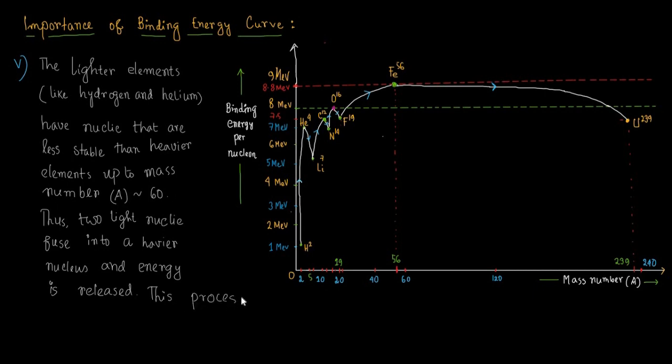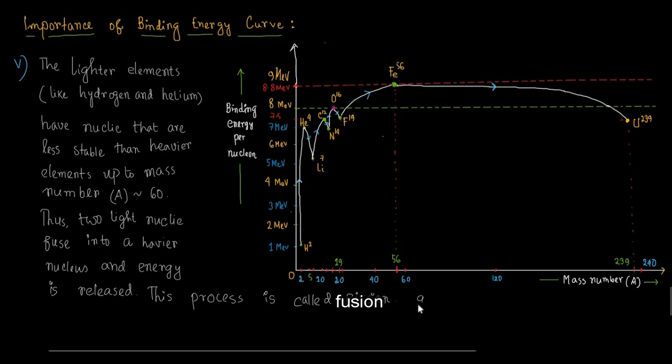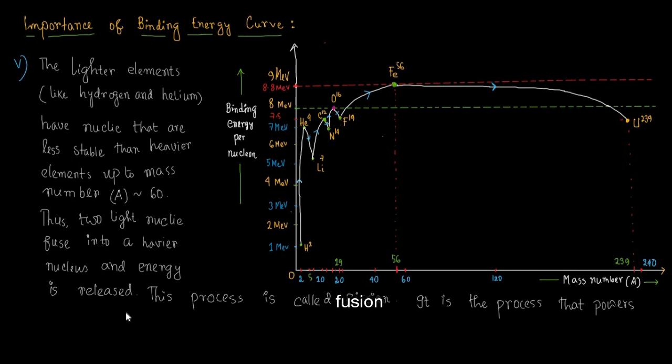Two lighter nuclei fuse into a heavier nucleus and energy is released. This process is called nuclear fusion. It is the process that powers hydrogen bombs.